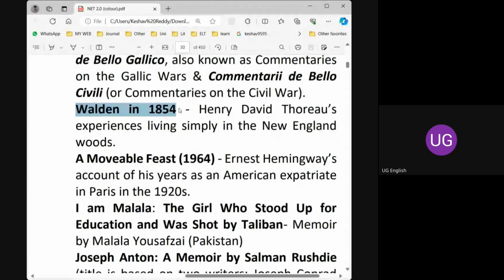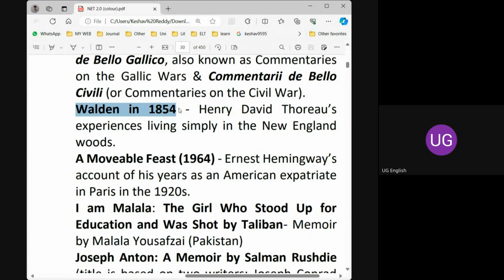It has a connection with the Indian independence movement, in which Mahatma Gandhi adopted non-violence. Walden is Henry David Thoreau's famous work about his experiences of living simply. He spent some days near Walden Pond, and he wrote a book about Walden and civil disobedience.